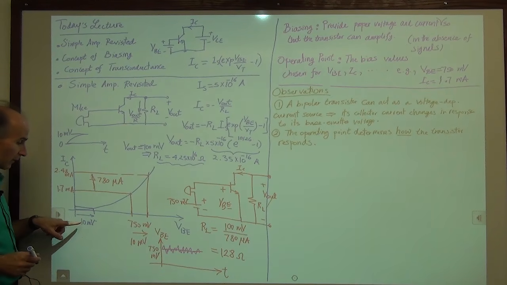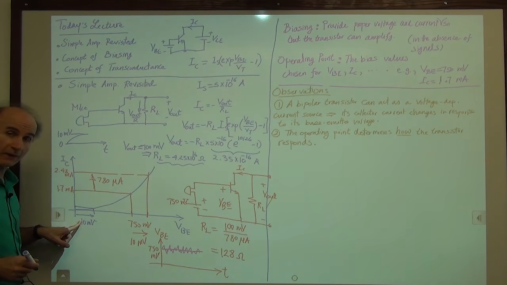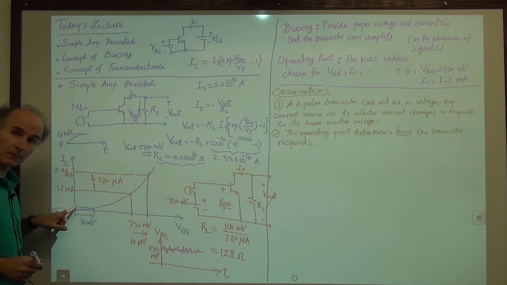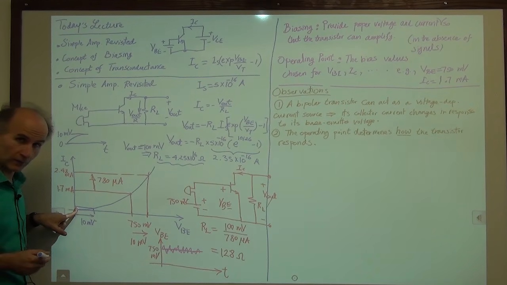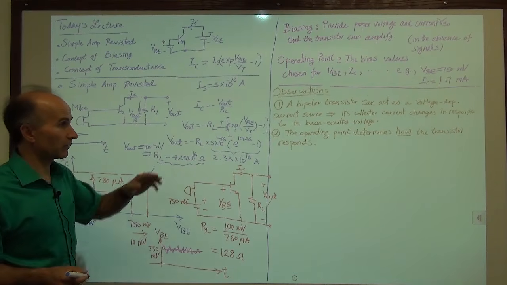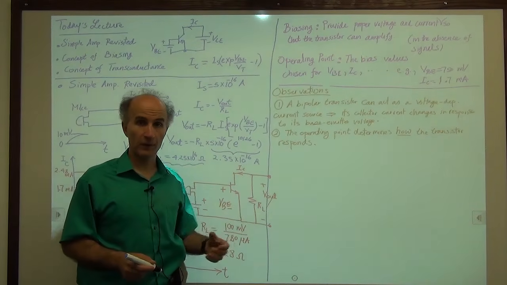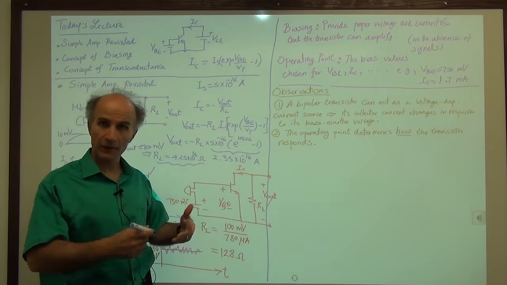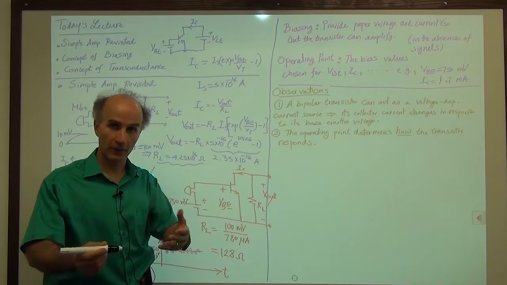And a signal comes from the microphone with a 10 millivolt amplitude, then the response is terrible, right? The response is very, very small, it's not usable. So the operating point determines how the transistor responds to this base emitter voltage change coming from our signal source. It could be a microphone, it could be something else.